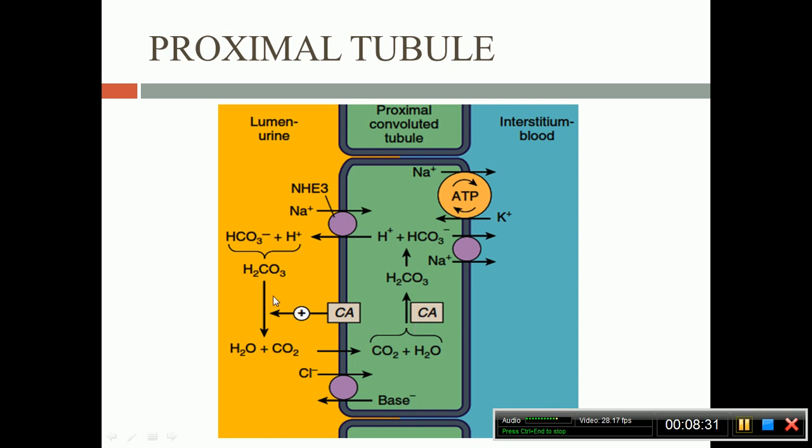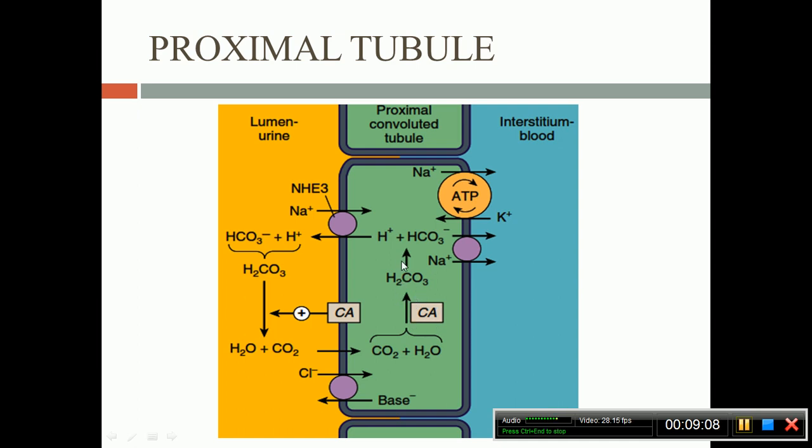This enzyme can cause the dissociation of carbonic acid into water and carbon dioxide. Then this water and carbon dioxide enter into the cytoplasm of the cell. This carbon dioxide and water are combined to form carbonic acid in the presence of carbonic anhydrase.